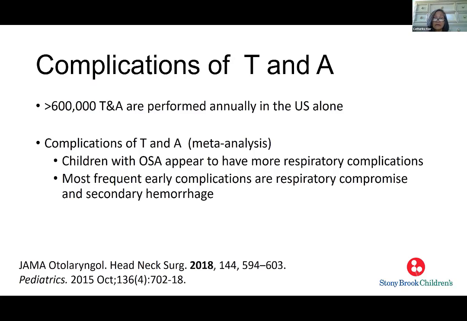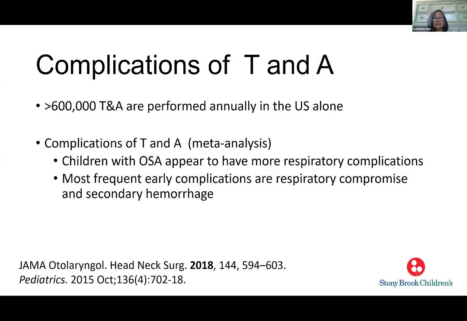So we really are obligated to sit down and talk to our parents about what to anticipate. Interestingly, there are over 600,000 TNAs performed annually in the US, and you probably have a fair share of your patients having complications.